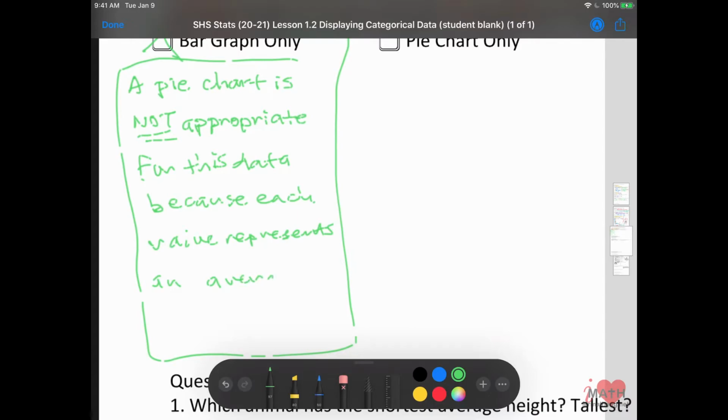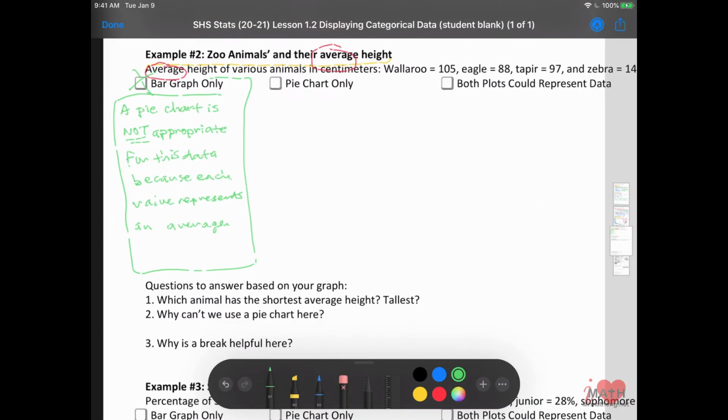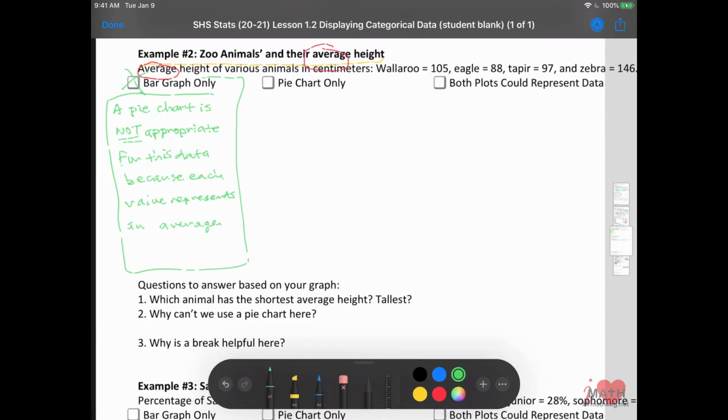What's another way of explaining that? You don't know the height of the wallaroos. You don't know how many wallaroos, and then you don't know the percentage of their total heights. All they tell you is their average height. You don't know how many wallaroos. So let's go ahead and create a bar graph.